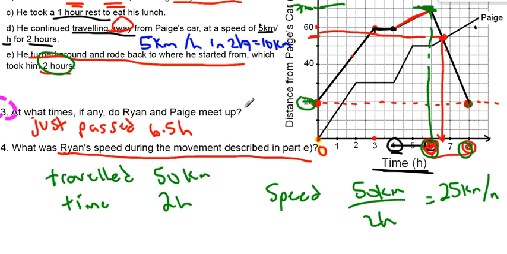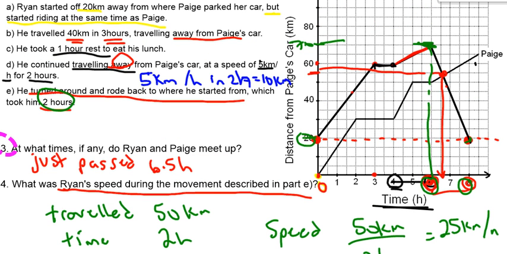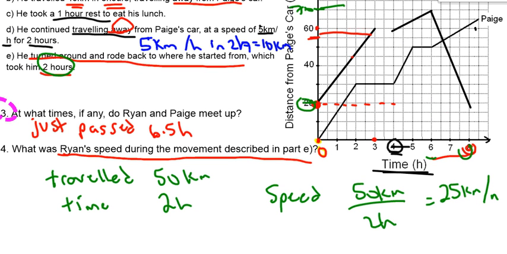Now, an interesting thing to talk about is, we know that just by looking at a graph, let me clean a few things up here, that this is considered to be a negative slope. So perhaps I should say that his speed is negative, because the slope of the line is negative. And what would negative mean in this context? Well, negative would mean that it's 25 kilometers per hour returning or going back or losing distance.